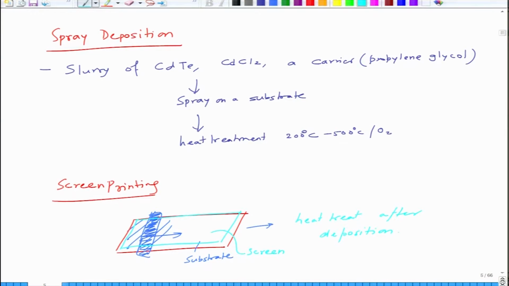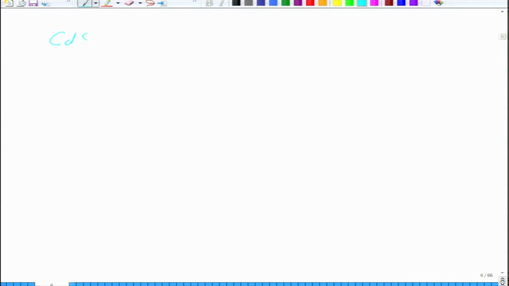These are certain processes which one can undertake to make these films. Cadmium sulphide can be deposited by solution deposition, chemical bath deposition. The CdS layer can be deposited by chemical processes, or it can also be deposited using physical processes.